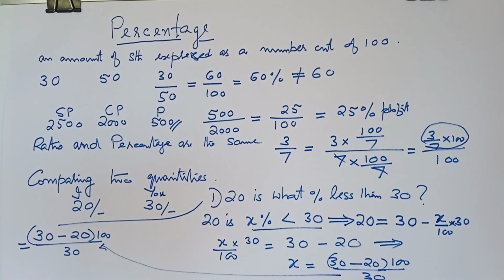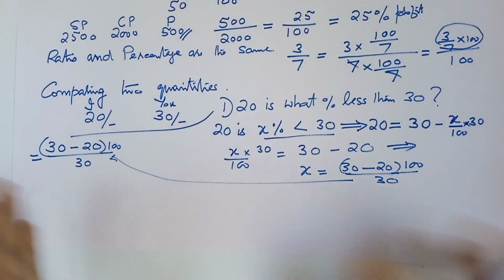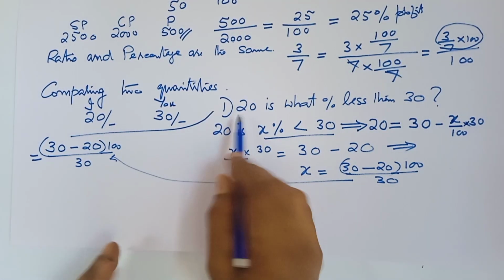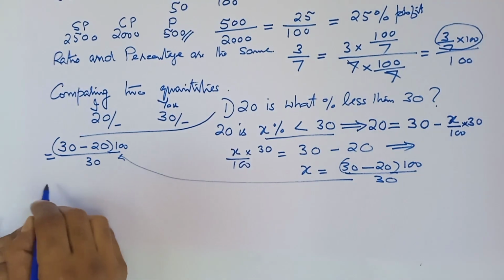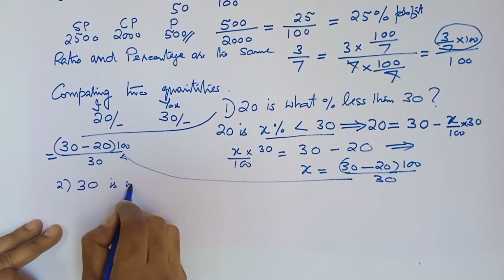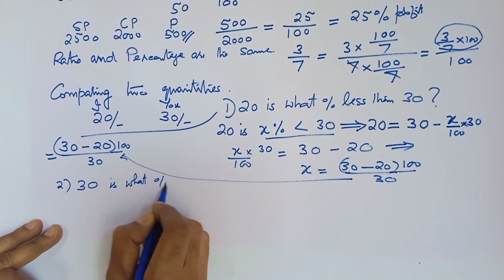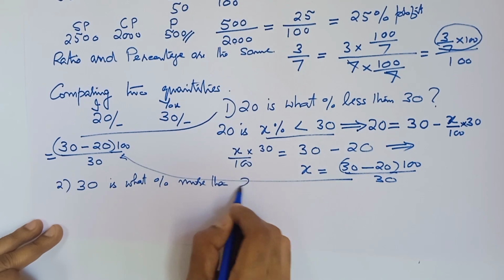This is how you do the comparison of two numbers. See, comparison can always be done in two ways. If 20 is what percentage less than 30, you can compare 30 to 20 also. What will be that question? 30 is what percentage more than 20?